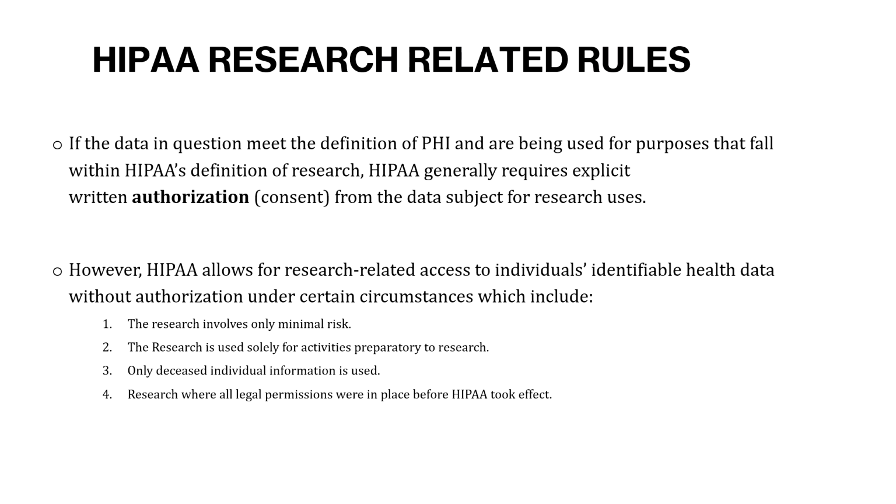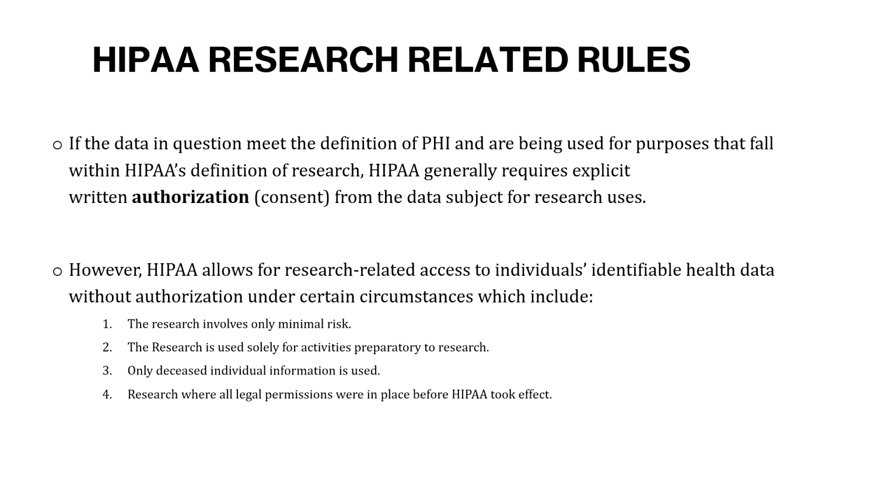What are HIPAA research-related rules? If the data in question meet the definition of PHI and are being used for purposes that fall within HIPAA's definition of research, HIPAA generally requires explicit written authorization, consent, from the data subject for research uses.